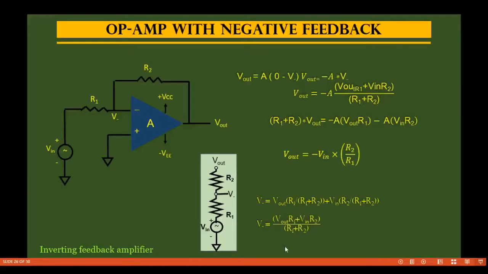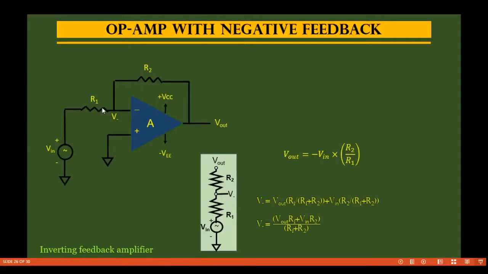So this is the expression for V negative due to these two voltages. So here this is minus A times this expression. Now we'll again segregate the values of V out and V in, and we'll get the expression for the inverting negative feedback amplifier. The feedback gain is minus R2 upon R1.